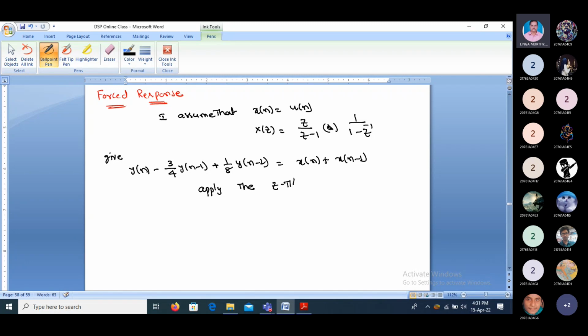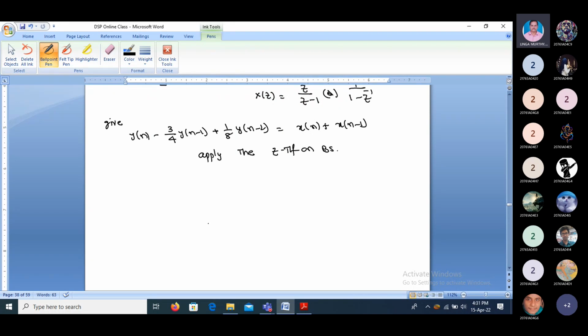Apply the Z transformation on both sides, because for forced response the input exists and the system initial conditions are 0. Only due to the input we get the response. So the generalized transformation we can apply here.